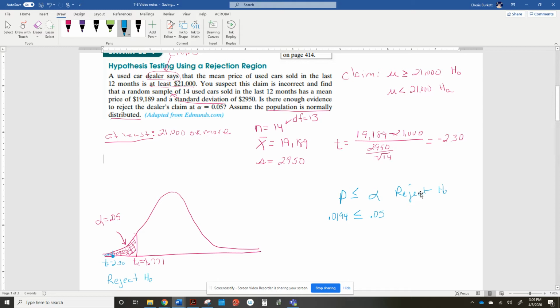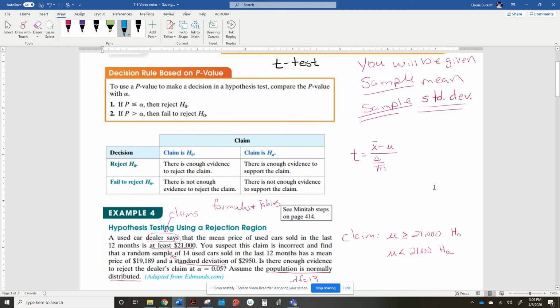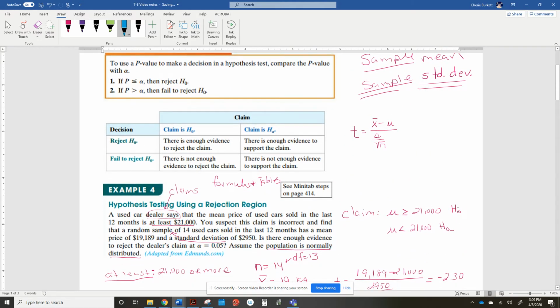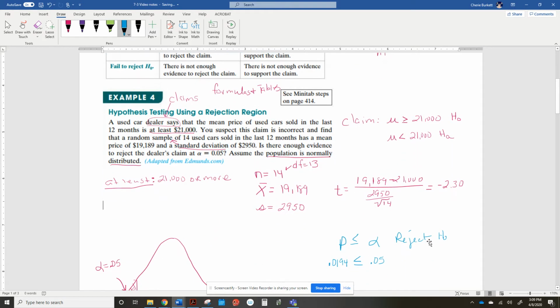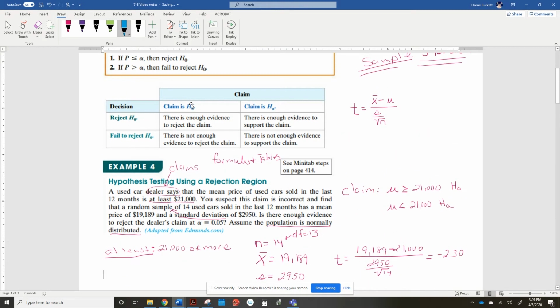Okay, so we've rejected the null. Now that we've rejected the null, you have to come back here and see what the claim was. The claim was the null. So we're looking at this column right here. The claim was the null, and we decided to reject it.